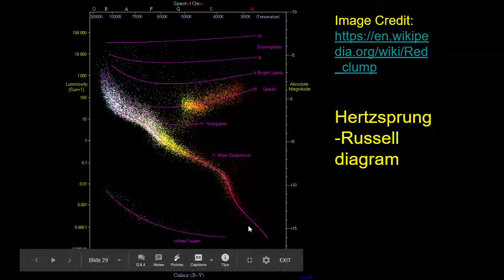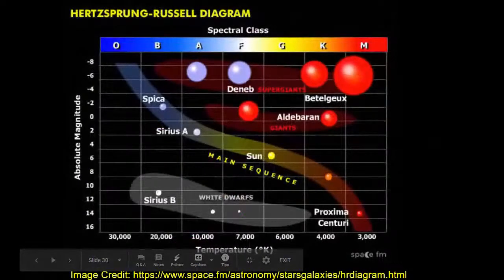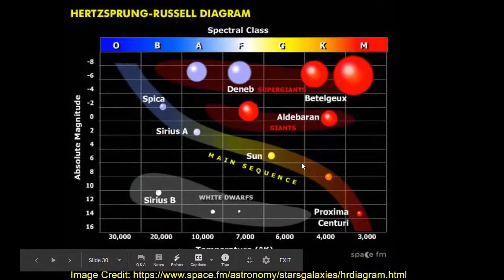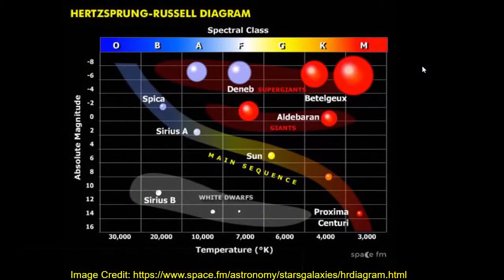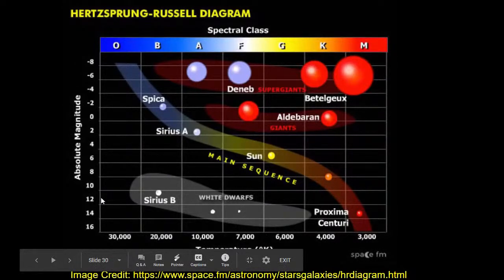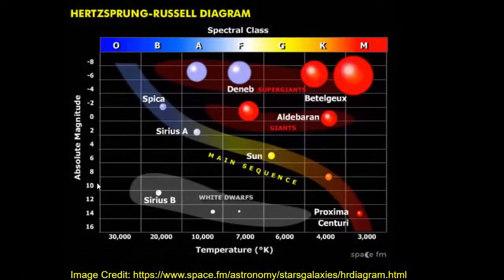The next plot is a cartoon. This is not actual data, but essentially showing the basic plot that I just described. So again, the y-axis is absolute magnitude, which is related to the luminosity of the star.